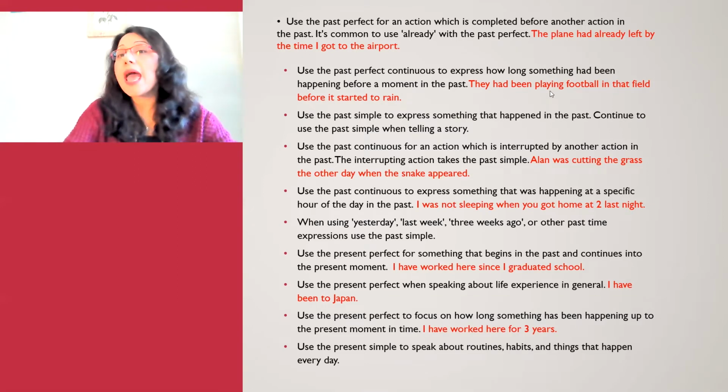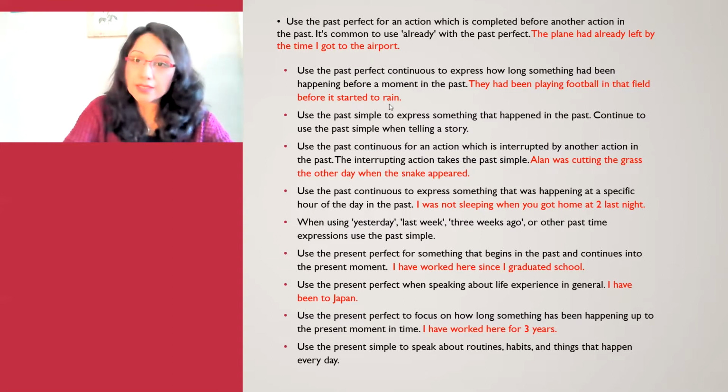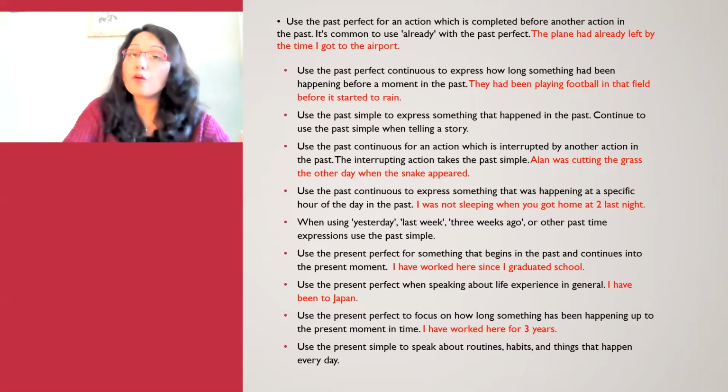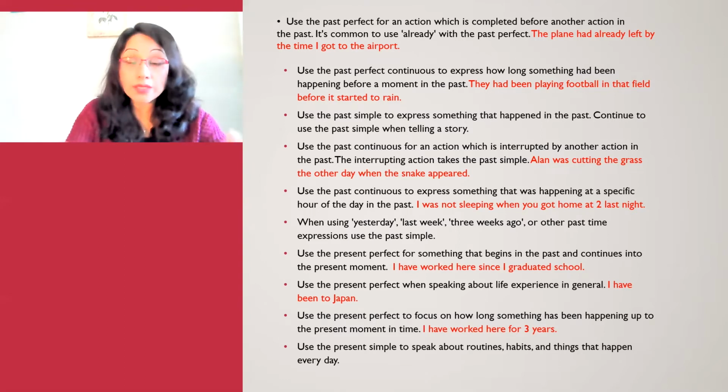So, they had been playing football in that field before it started to rain. Like it says, before a moment in the past. They had been playing till when? Before it started to rain. And always remember, it will answer the question, how long? They had been playing football in that field before it started to rain. It is always focusing on the action and how long something happened, because it is about continuous.